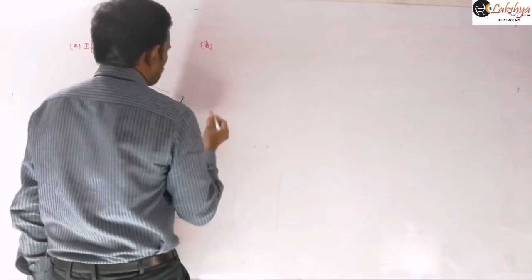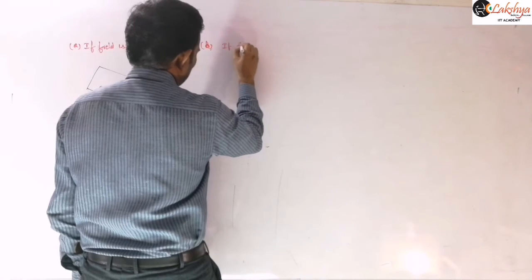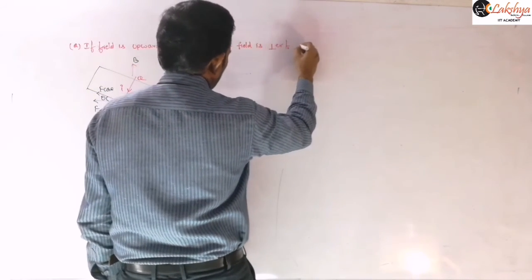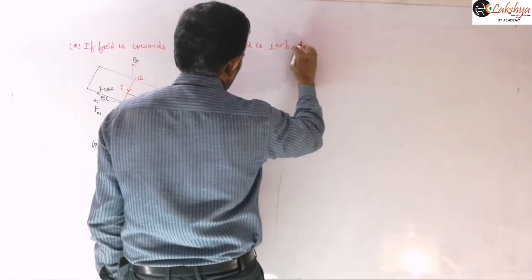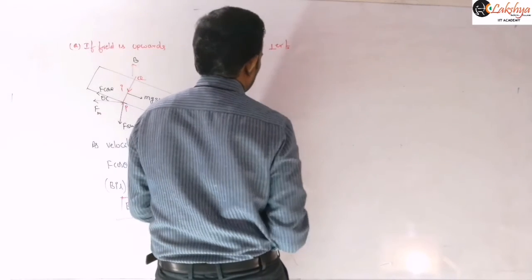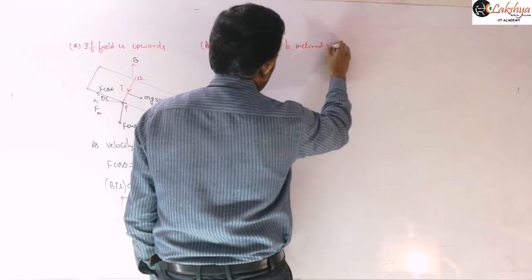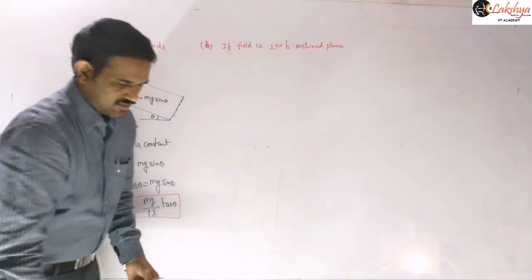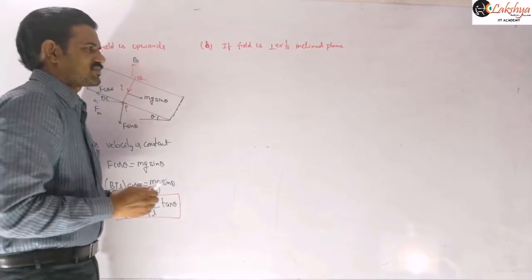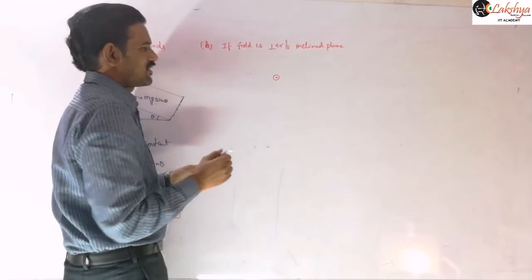Now if field is perpendicular to the inclined plane and upwards, right? So I am taking this wire as just a dot here, so that you can draw the free body diagram more easily here.